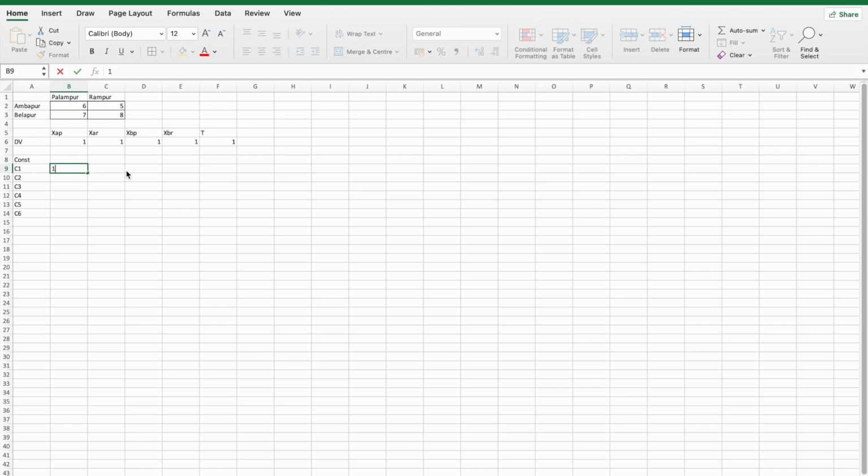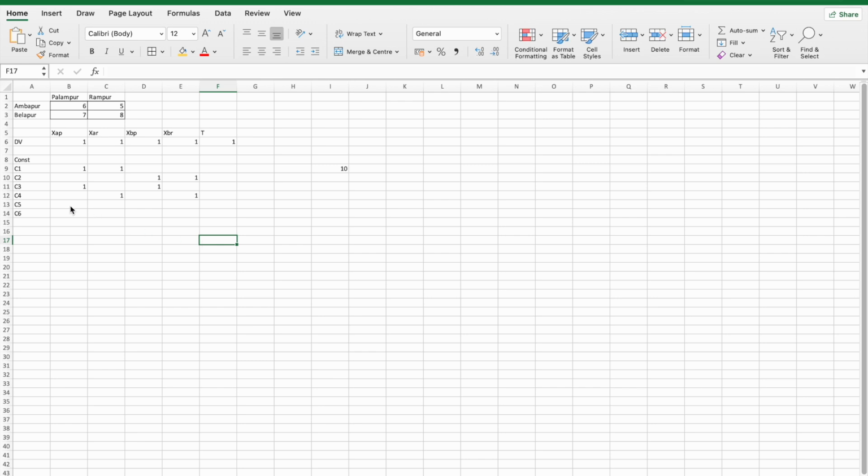So it's simply XAP for the first one is 1, then XAR is 1, the value should be less than 10. For C2 it's going to be the other way around. This is simply just translating those inequalities that we have written into a matrix so that we can use the sum product later on.